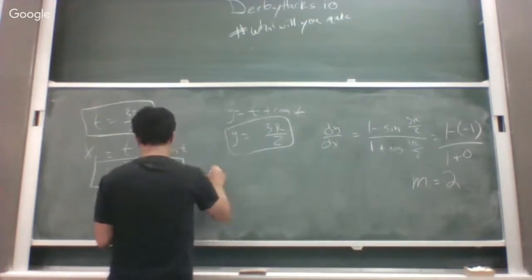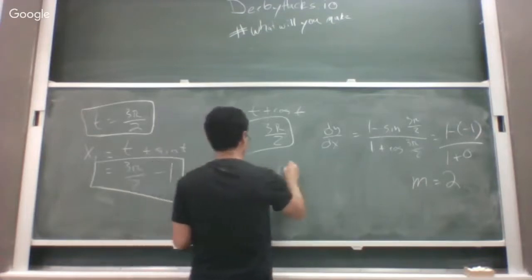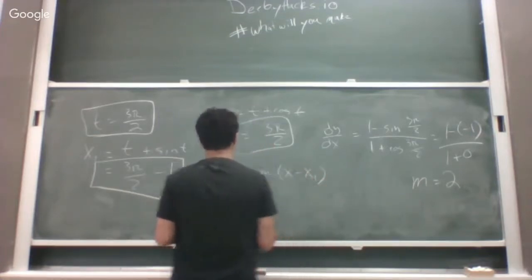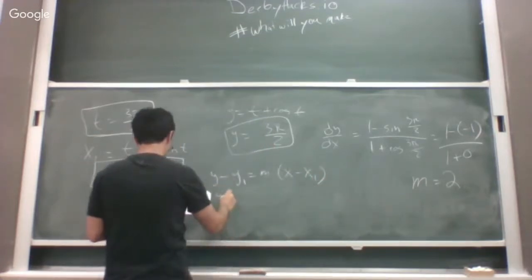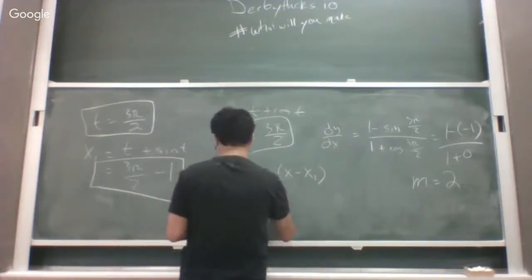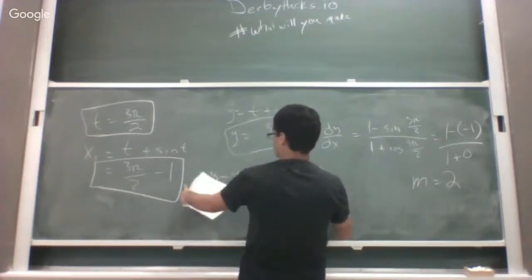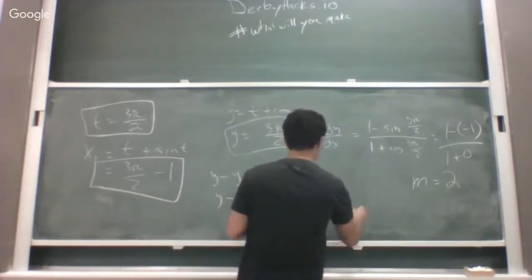So the equation that I always use is y minus y1 equal to m times x minus x1. So y minus 3 pi over 2 is equal to 2 times x minus this number, which would be 3 pi over 2 plus 1.